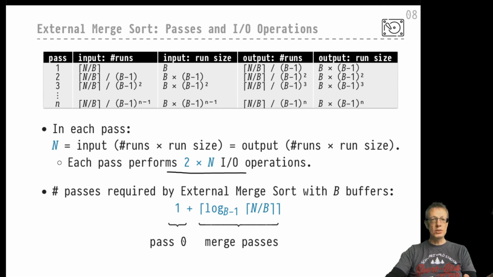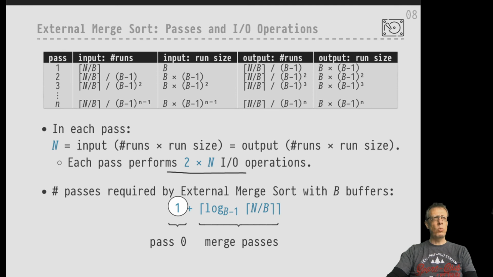So how many passes are there? Well, of course, there would be pass 0, in which we first split the entire file into initial runs, which are then sorted in memory. But to do that, we have to read the entire heap file, perform the in-memory sorting, and write out the initial sorted output runs. This would be pass 0.